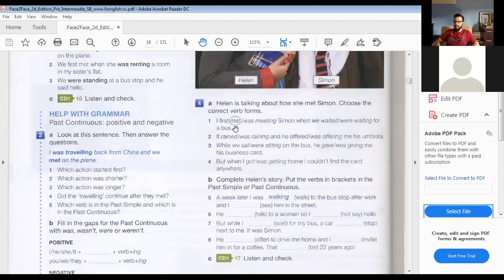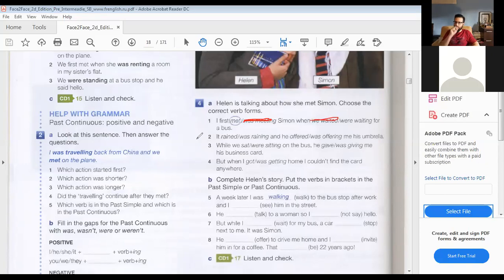I first met Simon when we were waiting for a bus. Exactly, that's right, yes. So I first met Simon when we were waiting for the bus. So this means you're going to give me the answers, and I'm going to cross the wrong answer. So this way we can only read the right answer.